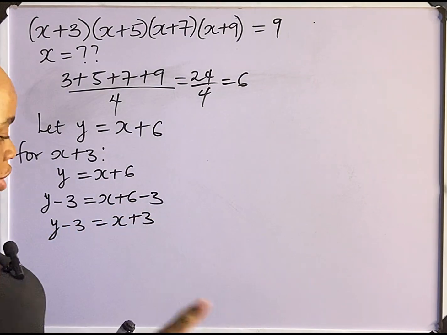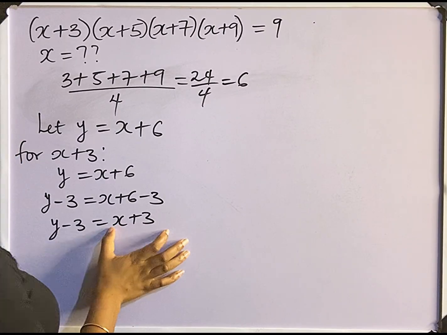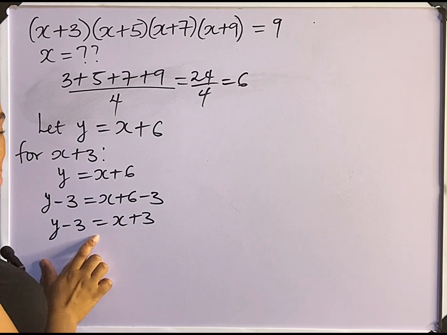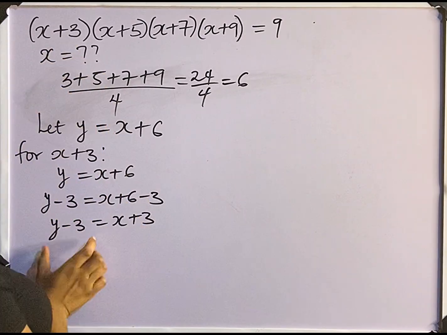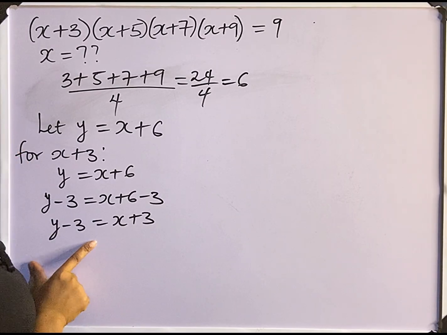So we have that x plus 3 equals y minus 3. Instead of x plus 3, we'll be having y minus 3. So we now have x plus 3 in terms of y.